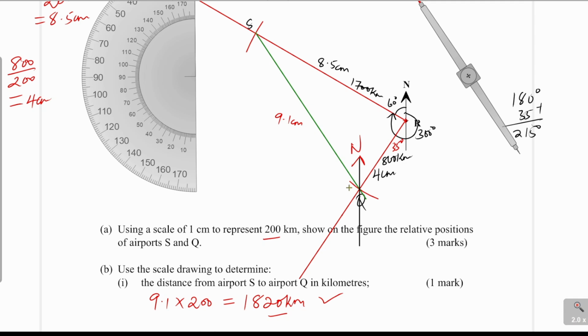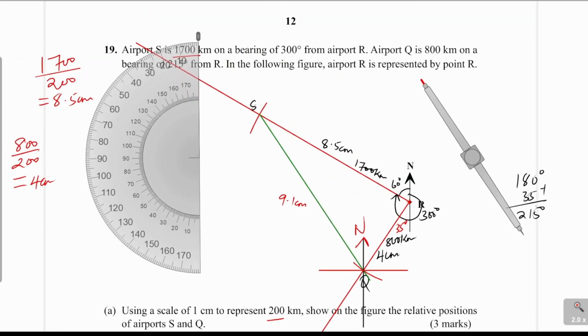And then you can also ensure that this angle here, like that, and then also at S you need to construct another north here.